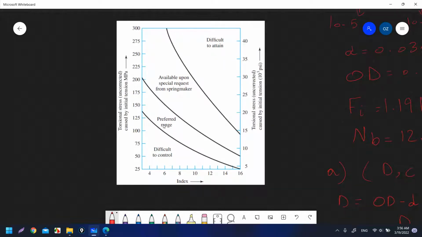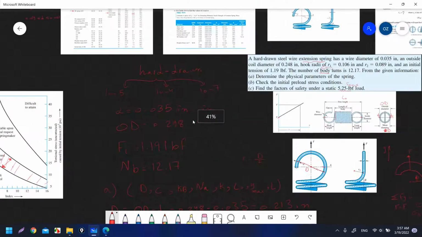So they made an experiment with respect to the spring index C and the torsional shear stress, which is a function of the preload, and they found that the preferred range is this region. So we want to check if our preload is in this region or not. That is the meaning of this question.